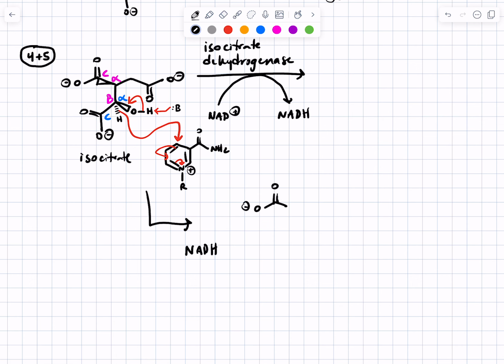Some people consider this one of the steps of the cycle, and that's fine, we'll go ahead and draw it. We need to draw it because it illustrates a key point. This is called oxalosuccinate.